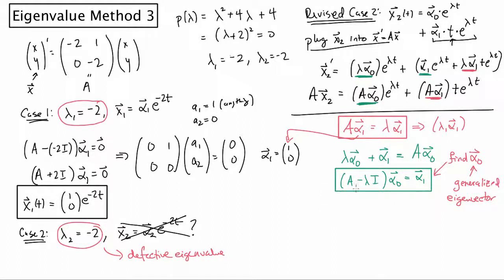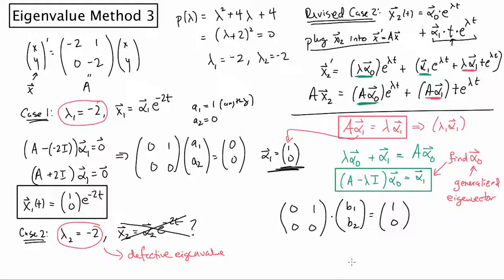Now, the way to do this is via this formula. I look at the matrix A minus lambda I, which is A plus 2I, which we've already done. So that matrix is the same as this one over here: 0, 1, 0, 0. Then I multiply it times alpha naught. Let the components of that be b1 and b2, since they wouldn't be the same components as the a1 and a2 over here. And that has to equal alpha 1, the eigenvector we've already found. You're going to run into a little more trouble with this one in terms of trying to find it.